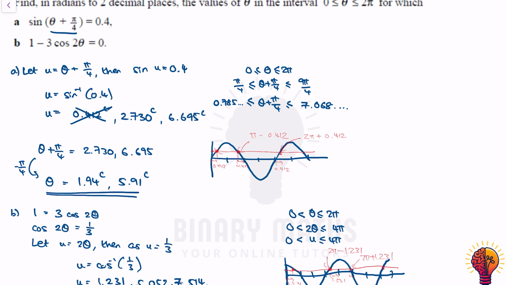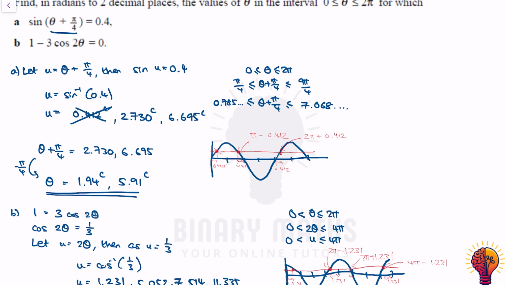And the last one, which is here, is equal to 4 pi take away 1.231, which is 11.335.